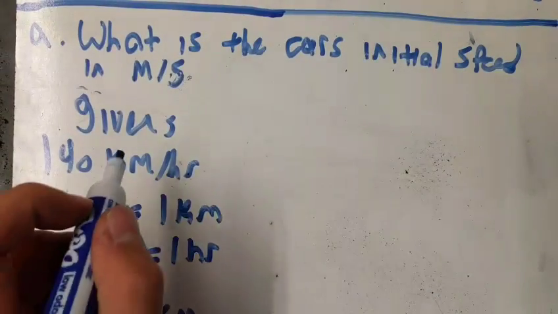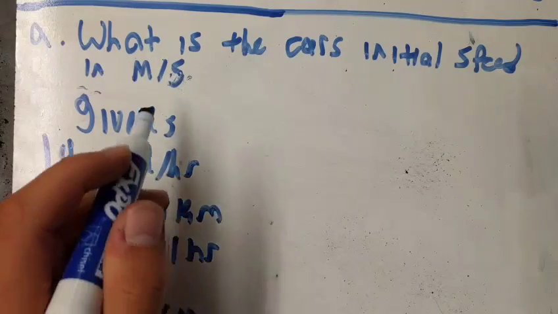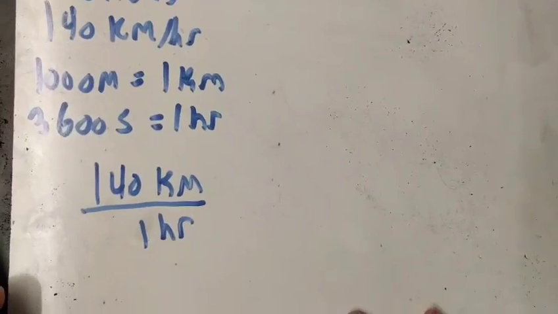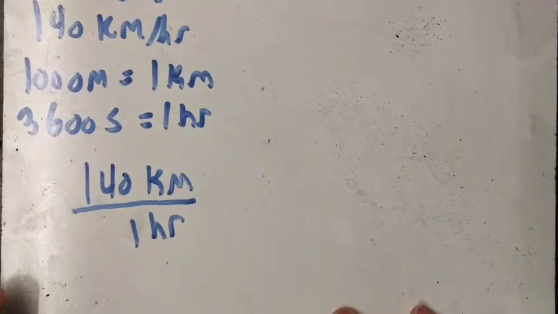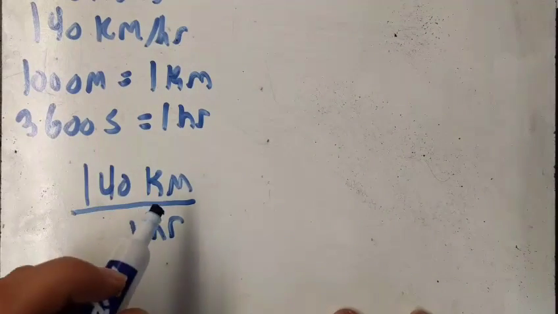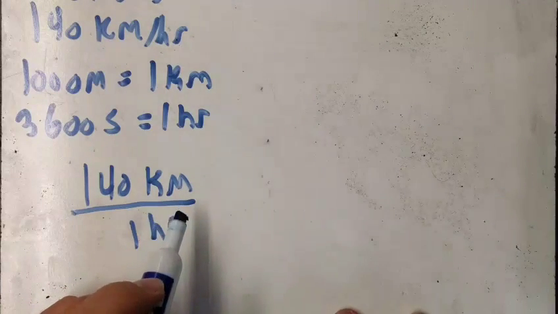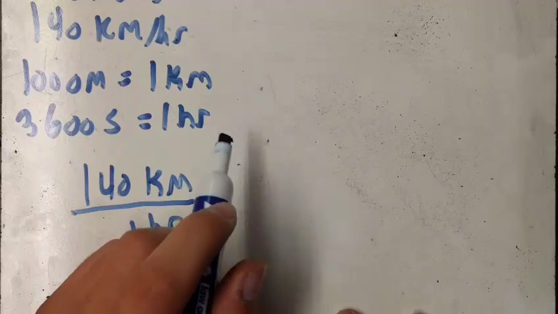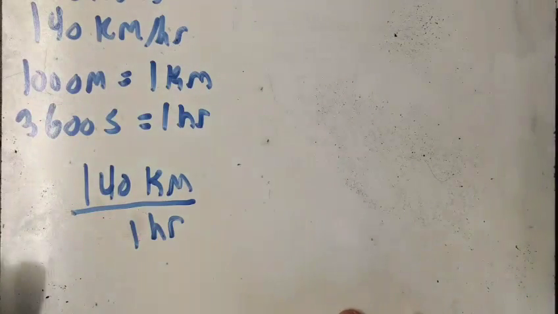So we don't want kilometers or hours, and we want meters per second. So what we're going to do is use a little bit of algebra. If you have a unit in the bottom and a unit in the top of another fraction, then they cancel out because it is multiplication.